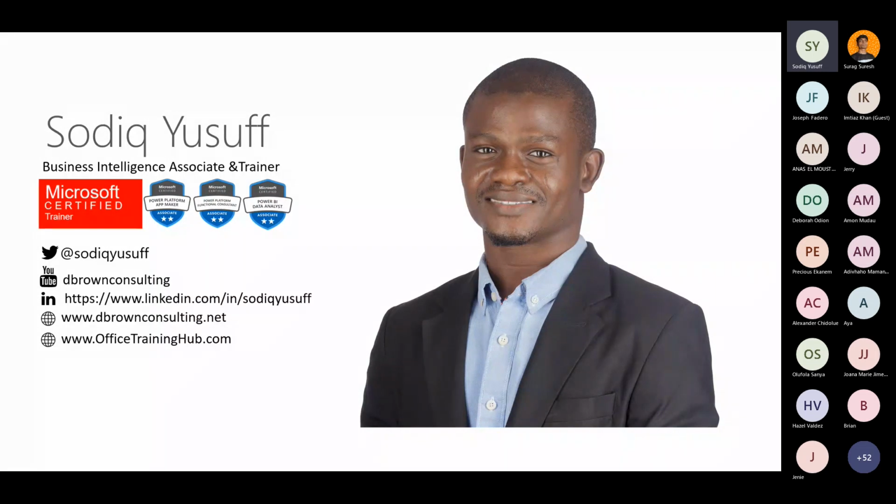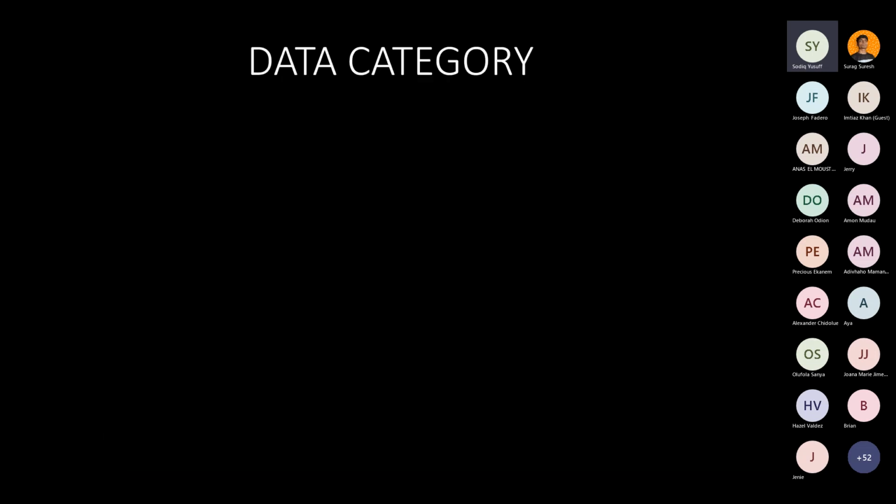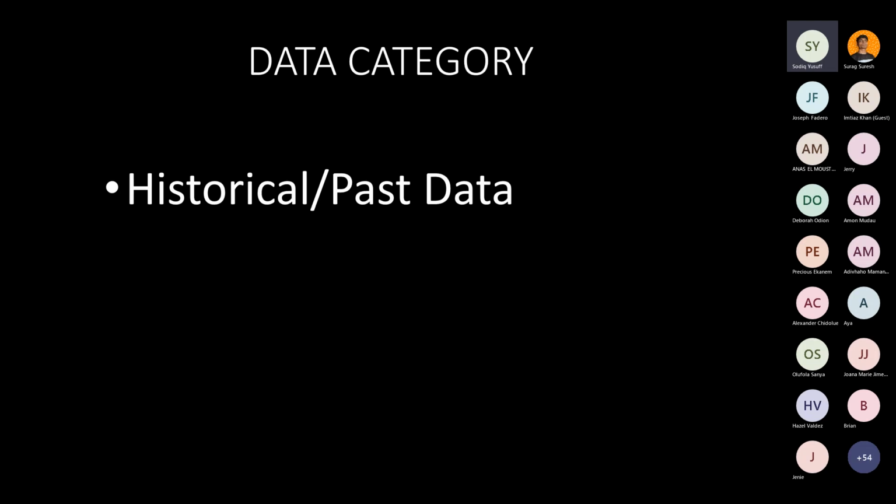Now, when we talk about data, we have two different categories of data, depending on the kind of analysis you want to do. The first category is what we call the historical or the past data.